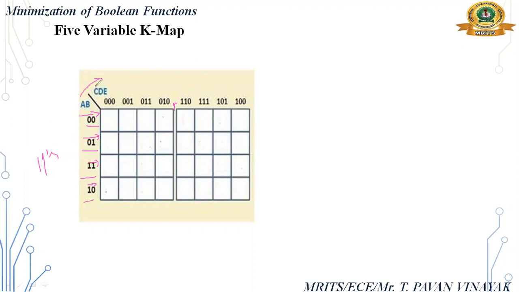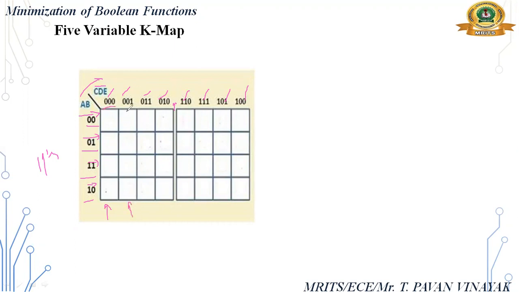Next we have three variables, column wise. Three variables means how many combinations? 8 combinations, so we have 8 columns here: 1, 2, 3, 4, 5, 6, 7, 8. This is the 0th column, so we write 0, 0, 0.